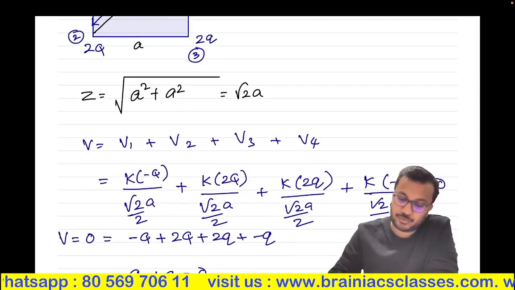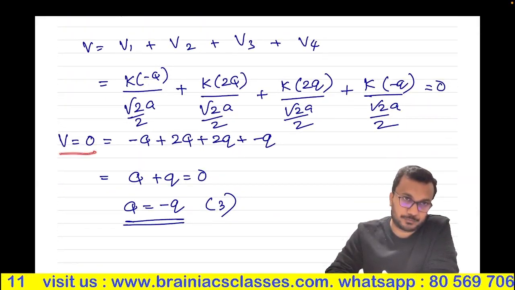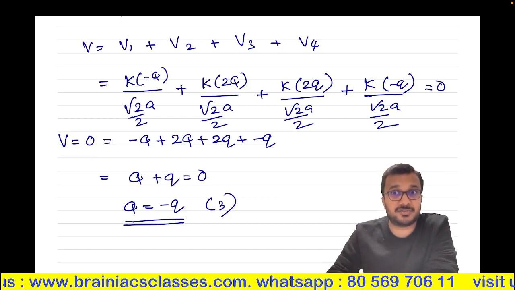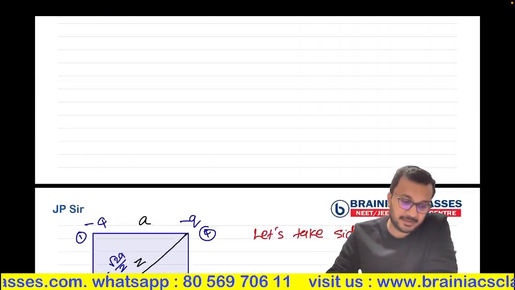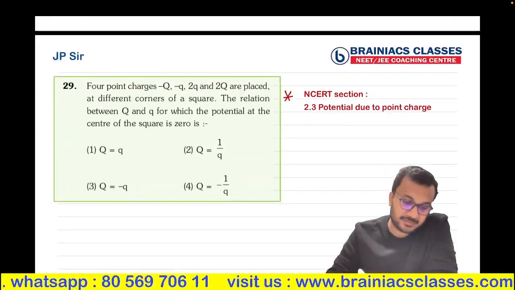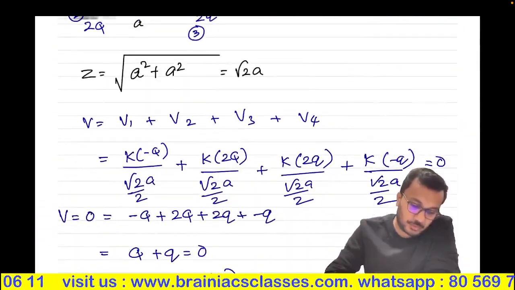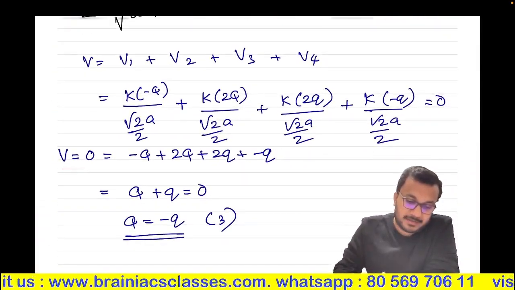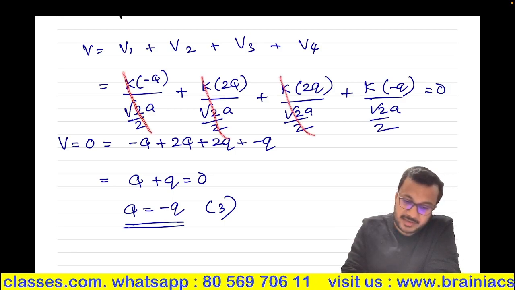K into minus q, root 2a divided by 2, equal to 0. So potential equal to 0. How is potential equal to 0? Because the question has already told us the potential at the center is 0. Right? The potential at the center of the square is 0, given in the question. So let's go here. Potential equal to 0. So here k, root 2, everywhere it is cancelled, going to 0.